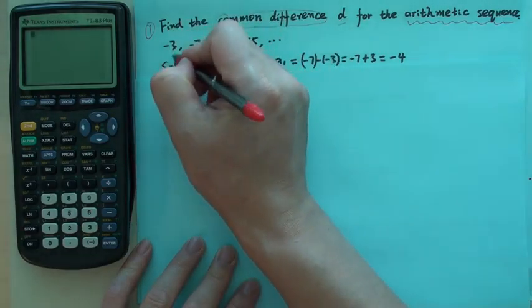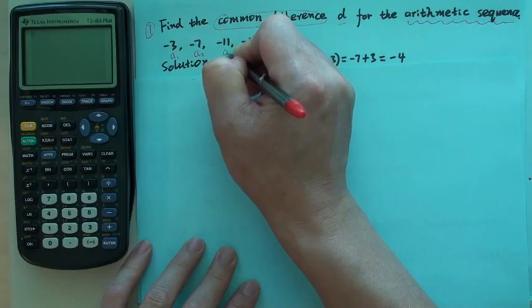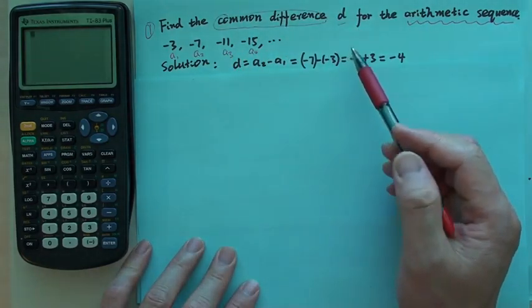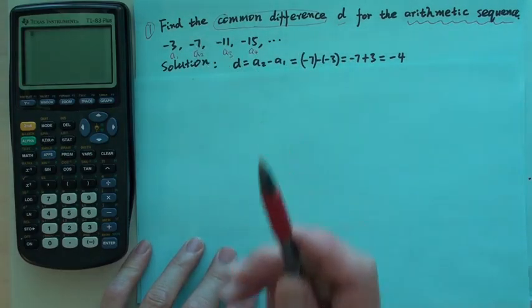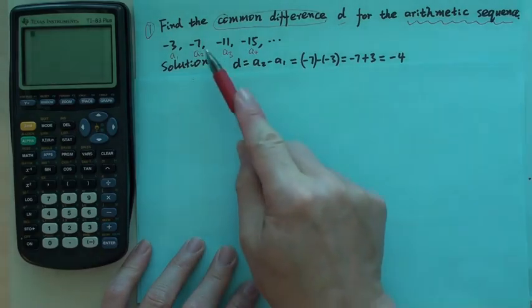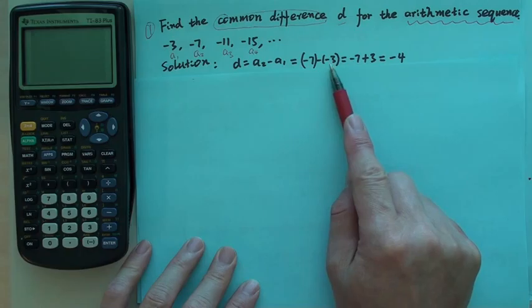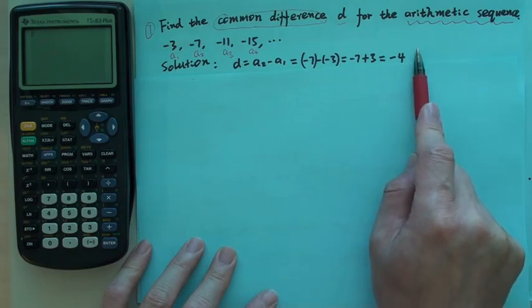You see this is the first one, a2, a3, a4. So here is -7 minus -3. And negative of a negative is positive, so -7 plus 3 is -4.